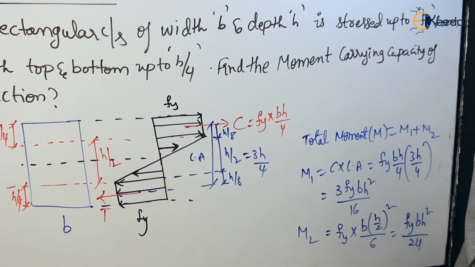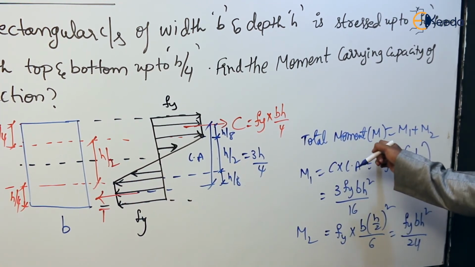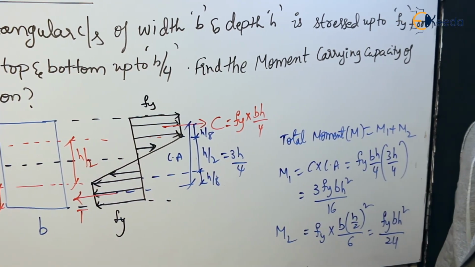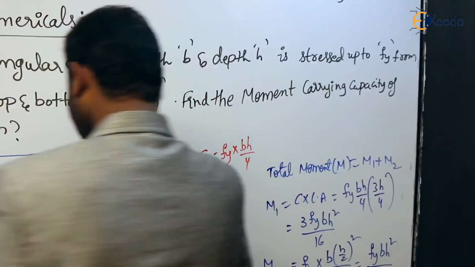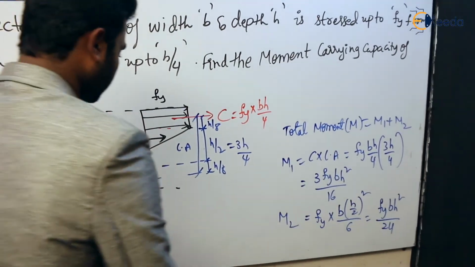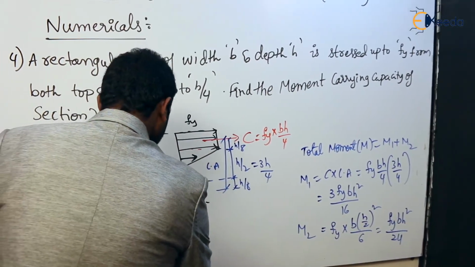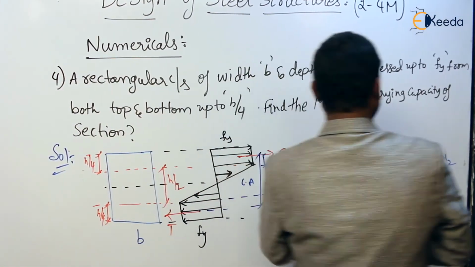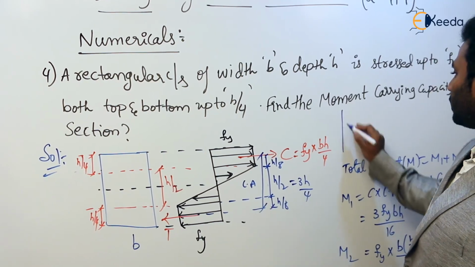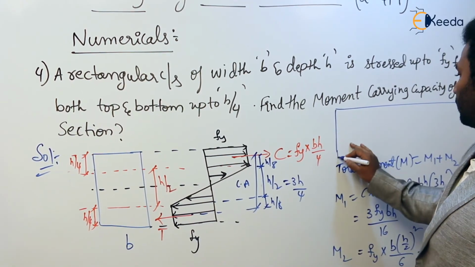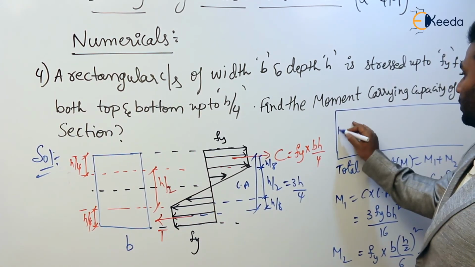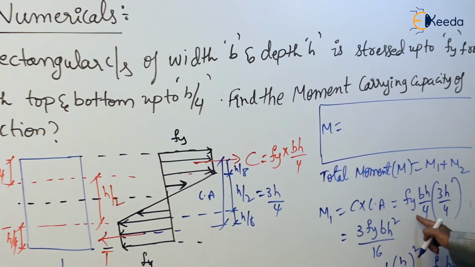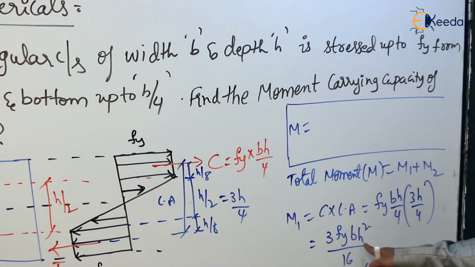This is M2. Now to get the total moment M, we add M1 plus M2. Can I take Fy into BH square as common?